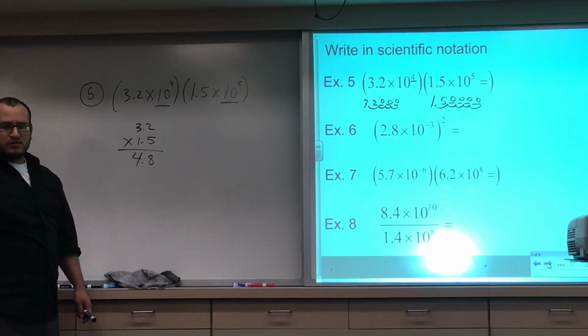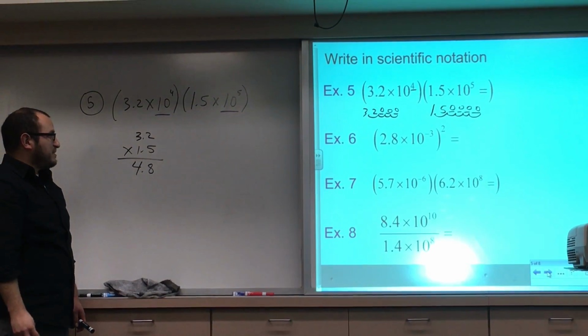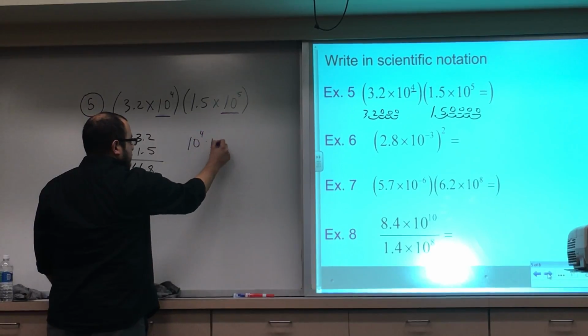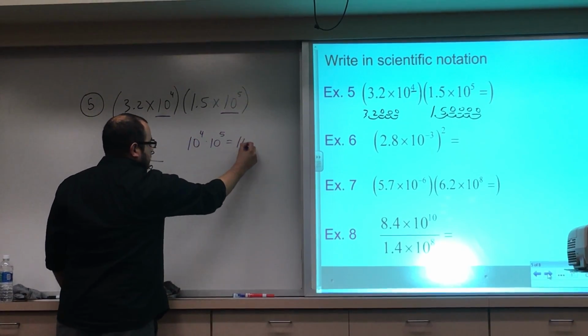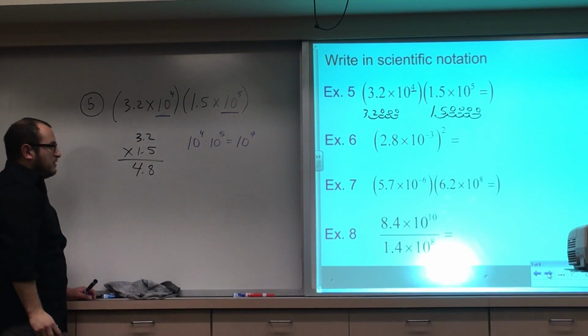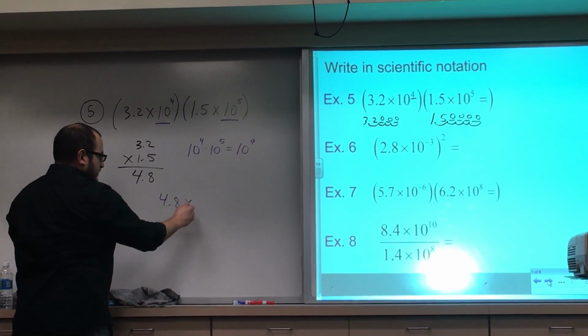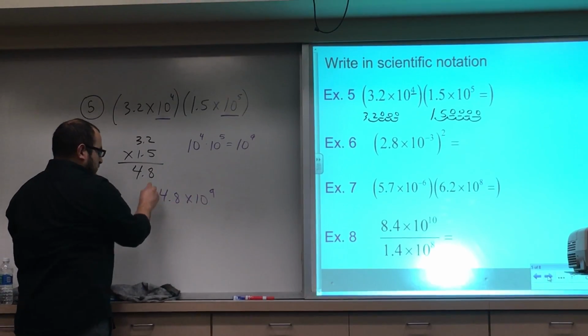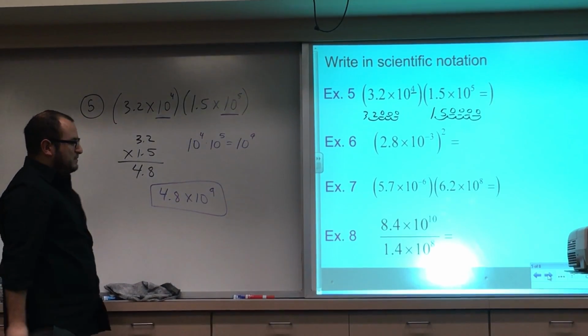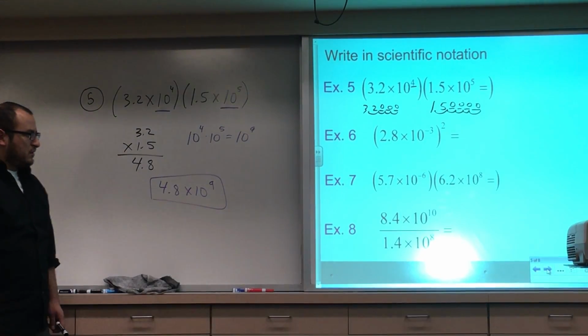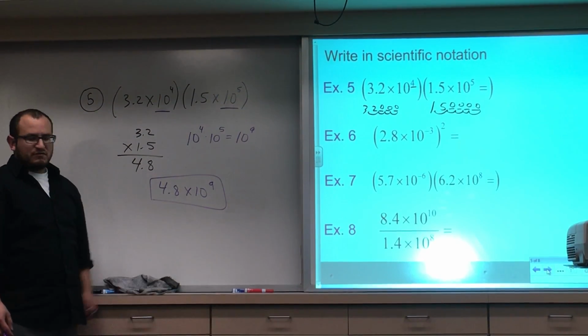We could add those exponents, since the base is the same and we're multiplying. So 10 to the 4th times 10 to the 5th is actually 10 to the 9th. Okay? So if you put this together, our answer is 4.8 times 10 to the 9th, which is the same thing that you get when you multiply these two numbers together. Okay? And you change it back into scientific notation.